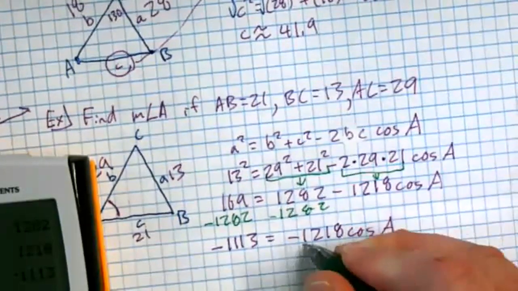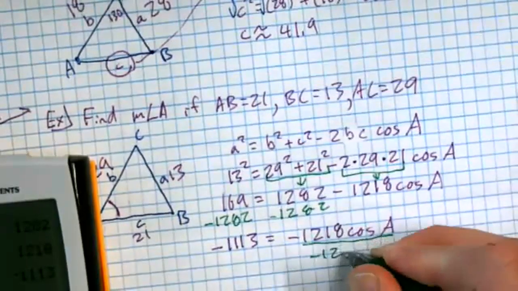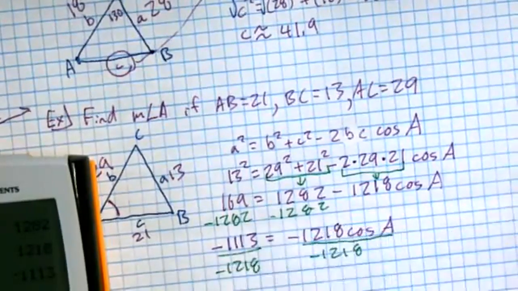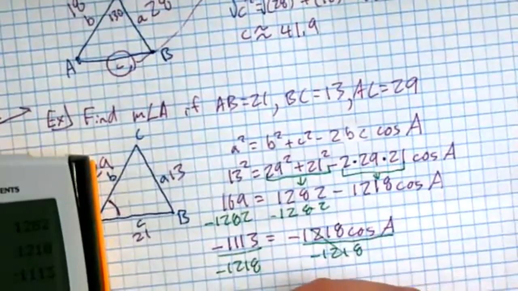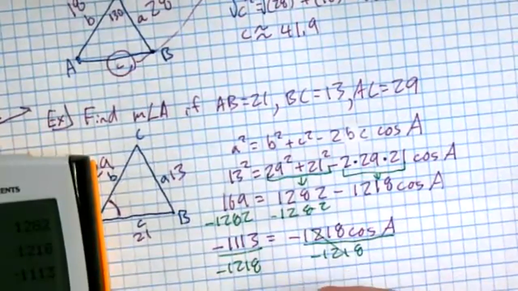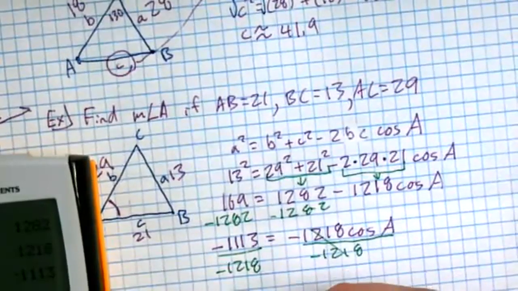And then divide. Cancel it. And I would just leave this as a fraction. I'm not going to actually type that into my calculator because I don't want to round off in the middle of the problem.